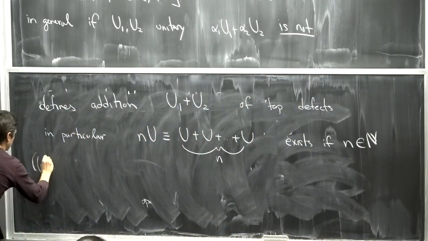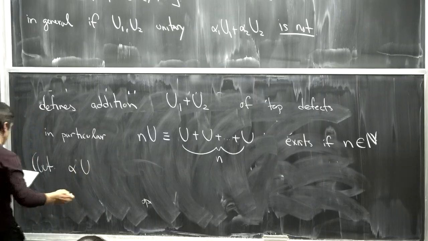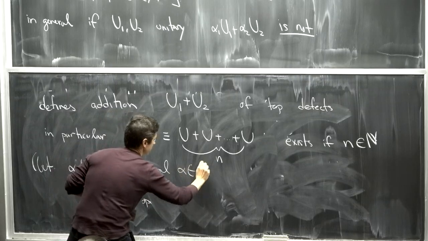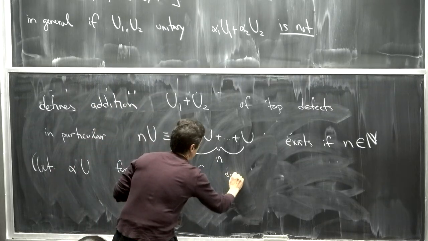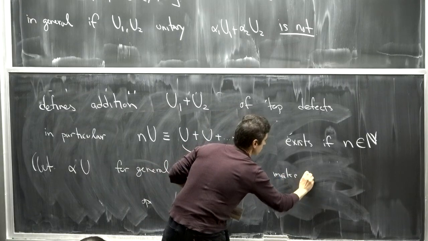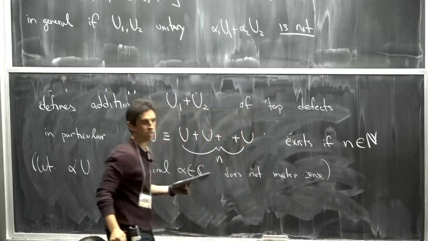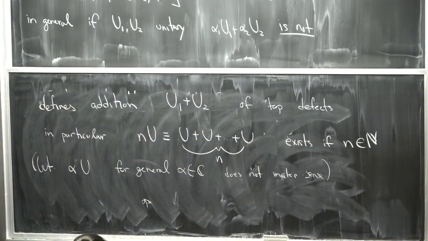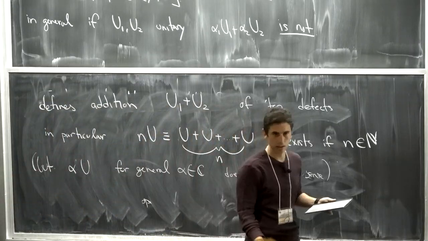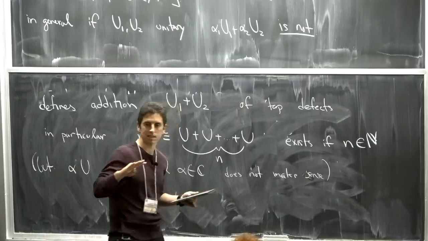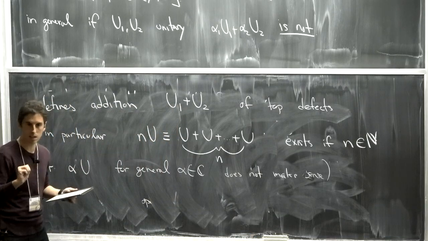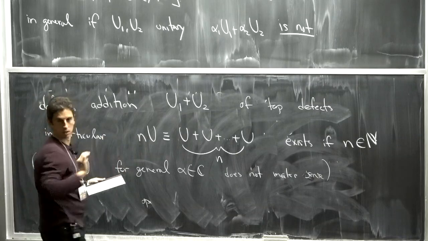But alpha times U for general complex alpha does not make sense. So we already see a big difference here. When we talked about operators acting at fixed time, and that was all the structure we had, you can obviously rescale an operator by any complex number. That's another well-defined operator. But if you insist that this operator can also define a reasonable Hilbert space, then you're stuck with integers.